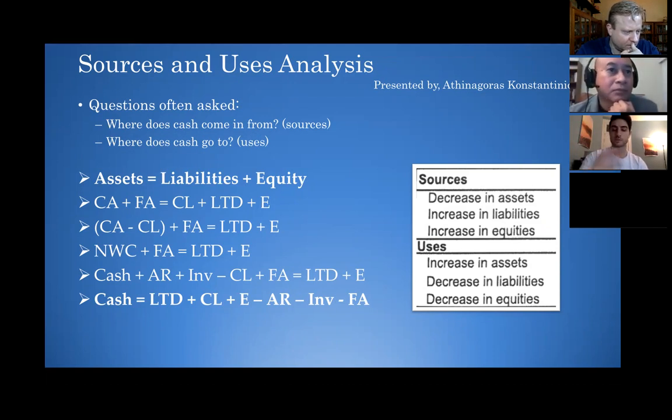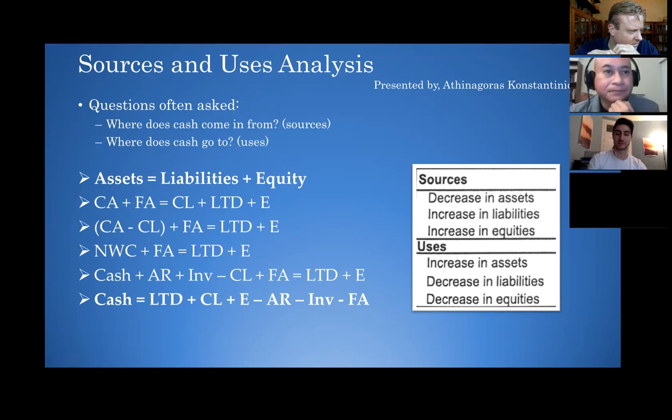We do some manipulation, and in the semi-last row we have cash plus accounts receivable plus inventory minus current liabilities, etc. This is just a simplification. If we move everything to the right-hand side and leave cash on the left-hand side, this is cash and cash equivalents.